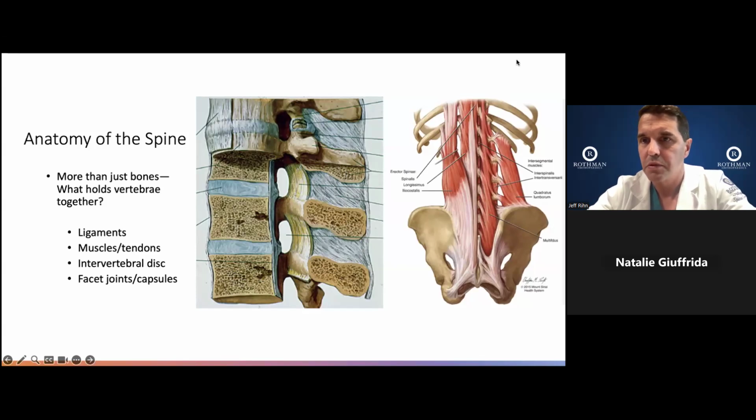There are muscles throughout the back of the spine and the front of the spine, and they attach to the bones through tendons. And then in the back of the spine, there are also facet joints, and they are joints that provide the spine stability. All of these areas can lead to problems that can cause back pain.